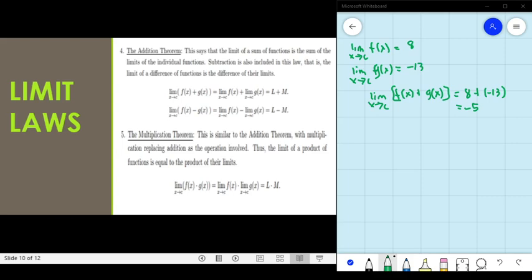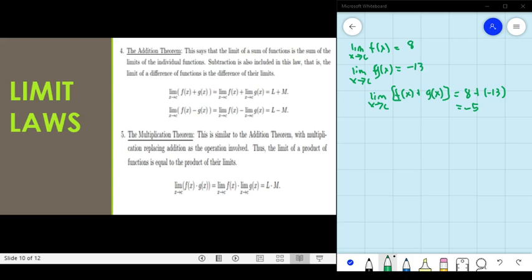So we have the limit of f of x times g of x as x approaches c is similar to the limit of f of x as x approaches c times the limit of g of x as x approaches c. So if ang limit sa f of x is L and the limit of g of x is M, just simply multiply L times M.